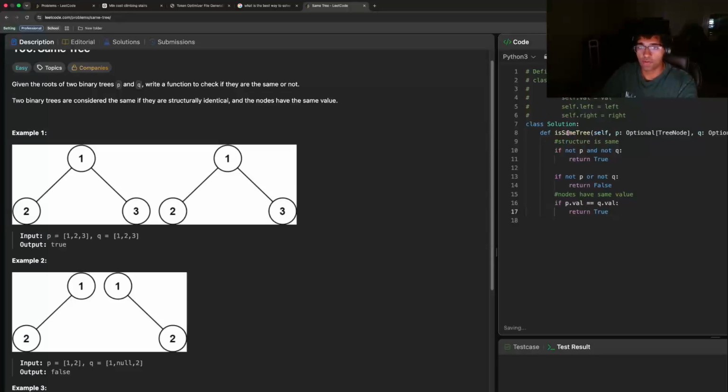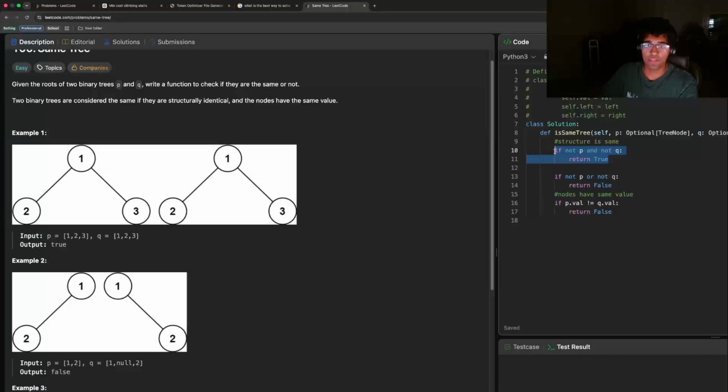But the definition, at least in LeetCode terminology, is saying if it is the same tree. So technically, what we should be dealing with is the inverse scenario. If this is not the same, we want to return false, because this function will automatically result in being the same tree. So we're only really dealing with false situations.